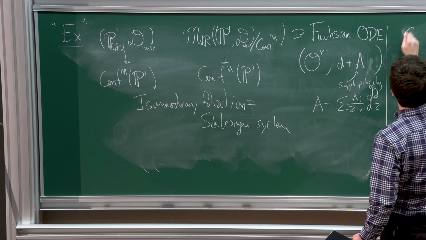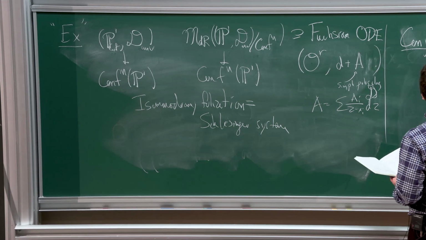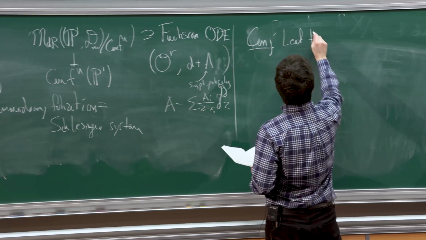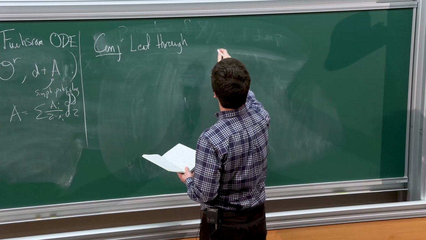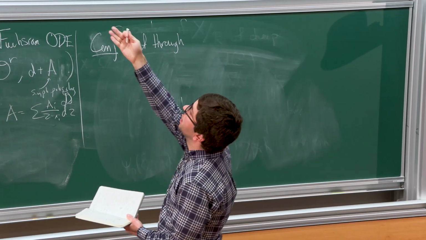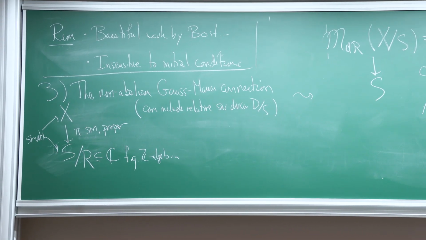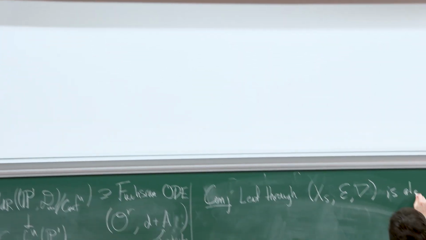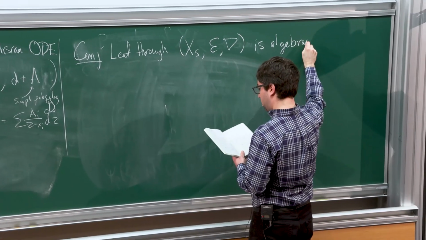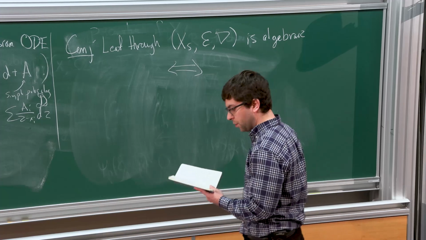OK, so here's the conjecture. It's that the leaf through a point of M de Rham, here in this general setting of a smooth proper morphism between smooth varieties, and the leaf through a point, which is a fiber X_s and a flat bundle, is algebraic if and only if the following holds.